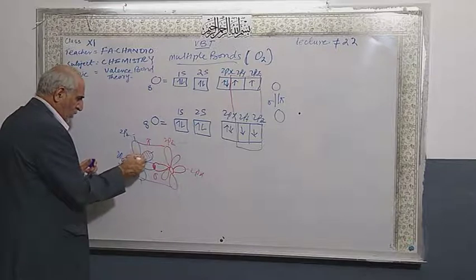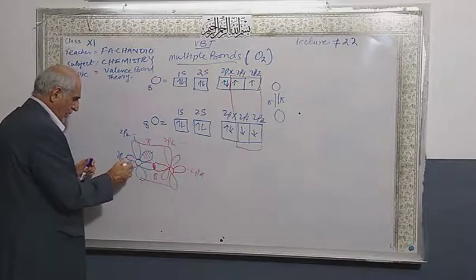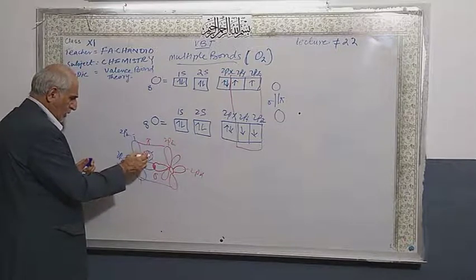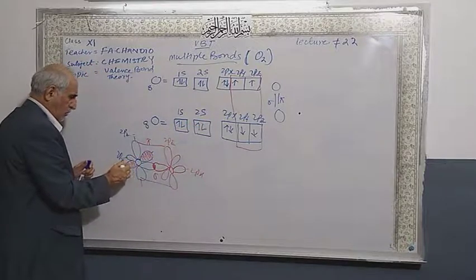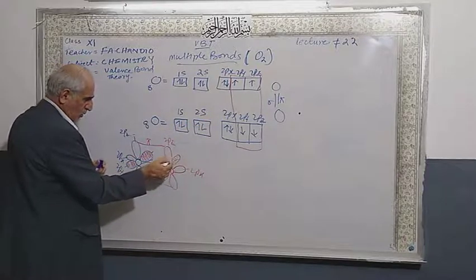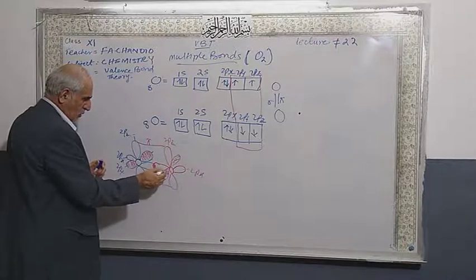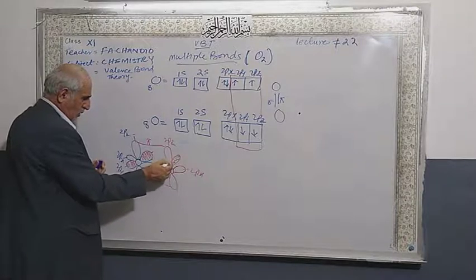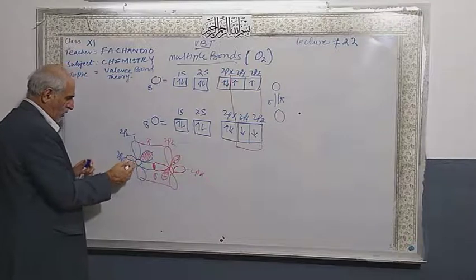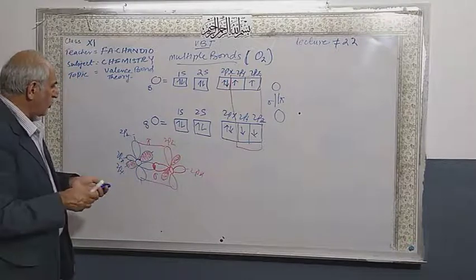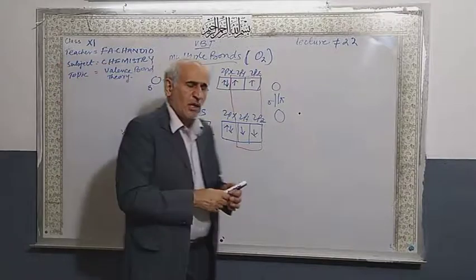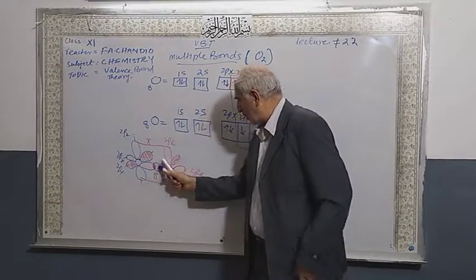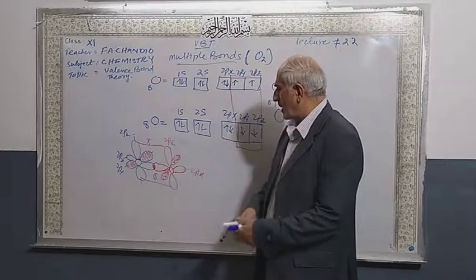This one is going to be filled. This does not participate. See this one. Like this. This is not going to participate. Only p and p form a pi bond, and this p and p form a sigma bond.